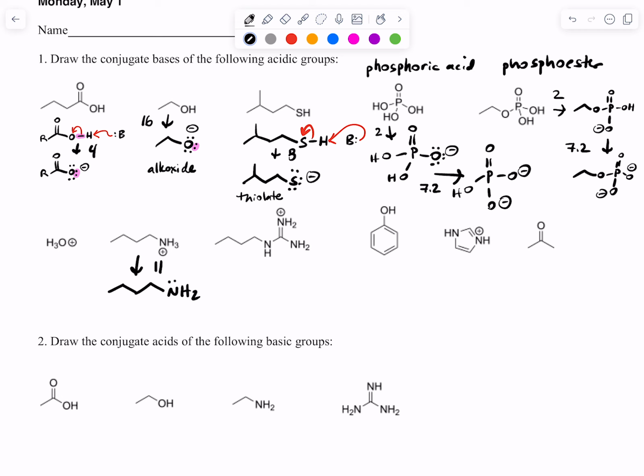So notice, positively charged acids have neutral conjugate bases, but the thing you're always doing is removing the proton. Now, this one was probably disturbing to you a little bit. This one is called a guanidinium group. It's important in an amino acid called arginine.